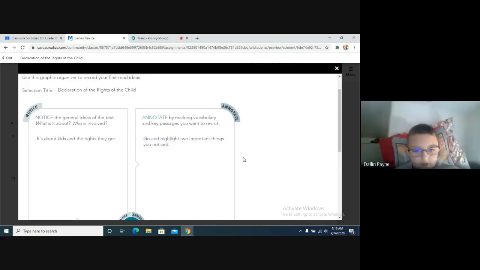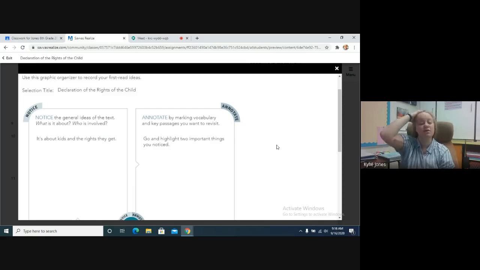I'm going to copy and paste onto them, that way I don't have to go back and write. That's fine. Yeah, you can copy and paste. Or you can just highlight it in the text. You don't even have to paste it onto this thing. You can just highlight it in the document, and I'm A-okay with that. Okay, so take 2 minutes.